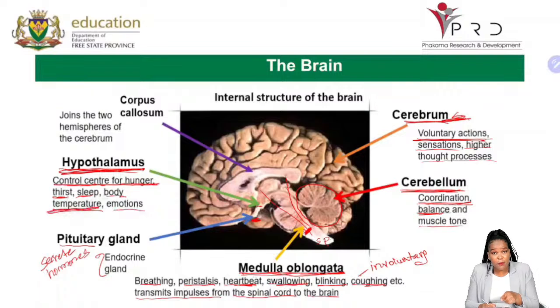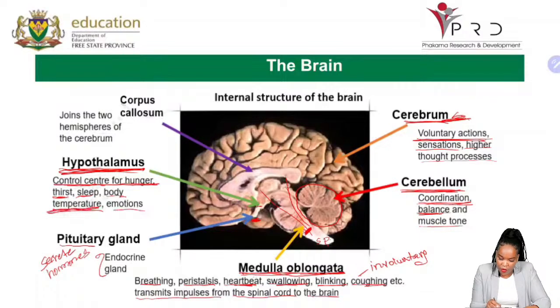You must remember this part, because this is the very same part that we will be checking, to see how it works to bring your body temperature down or up accordingly. So the hypothalamus is the control center for hunger, for thirst, for sleep when you are tired. When you are feeling cold or warm, remember, what is telling your body is the hypothalamus. I hope you are going to remember that.